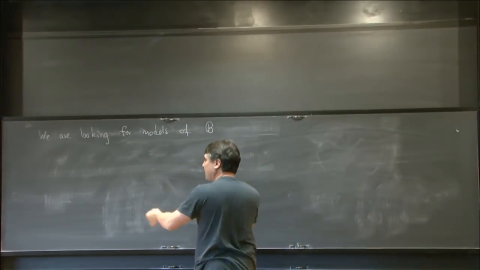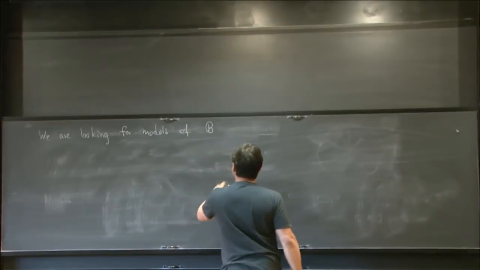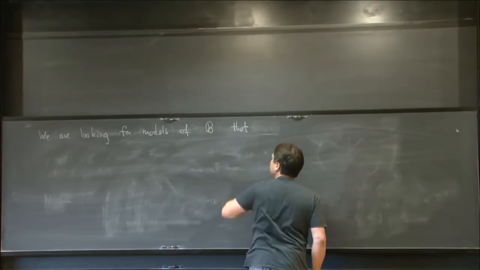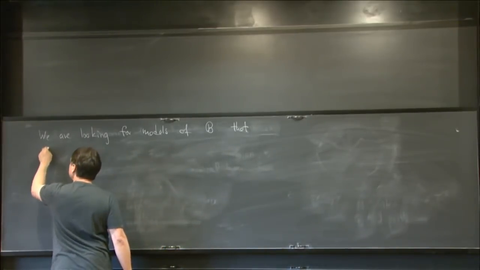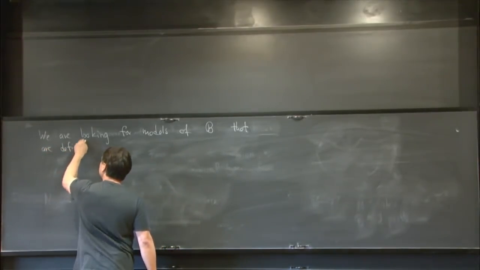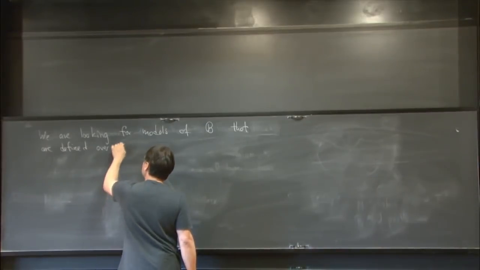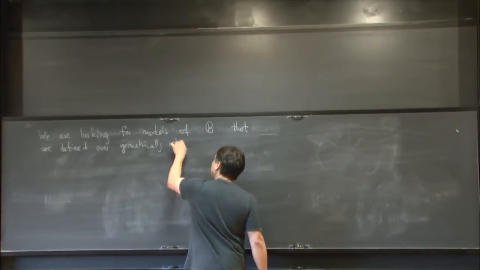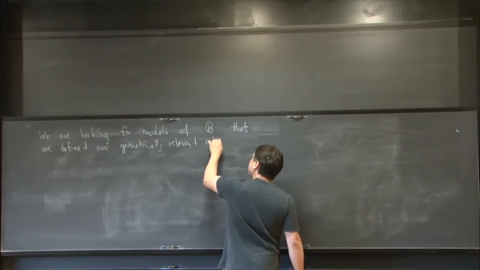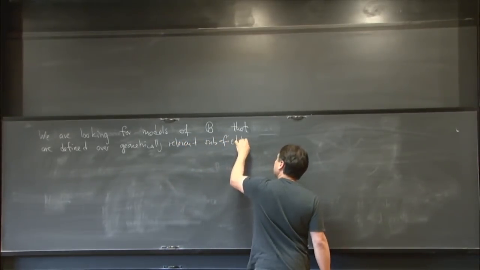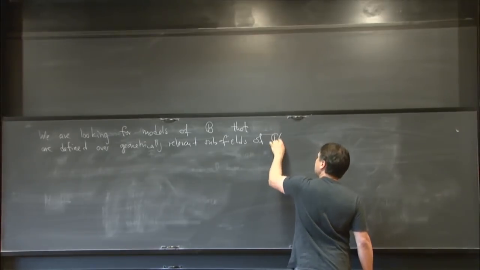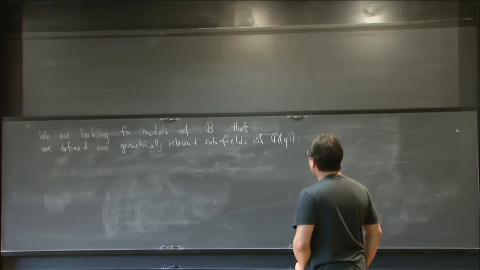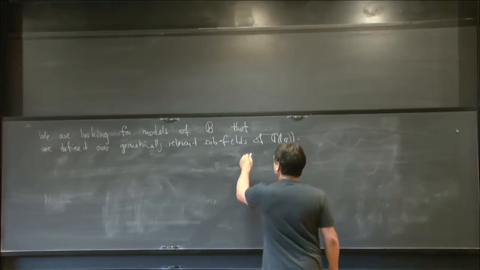Model means you replace it by something that's quasi-isomorphic, that is defined over geometrically relevant subfields of C((Q)). And the same thing for B greater equal 0 with subrings.